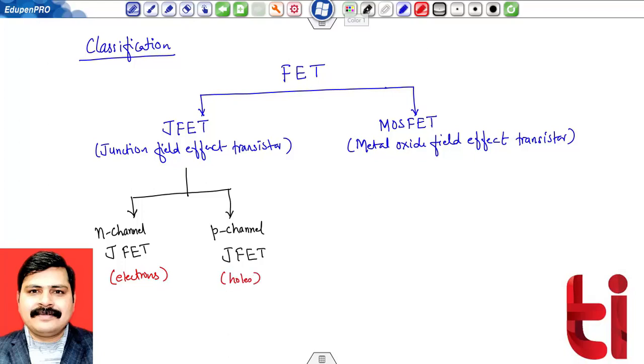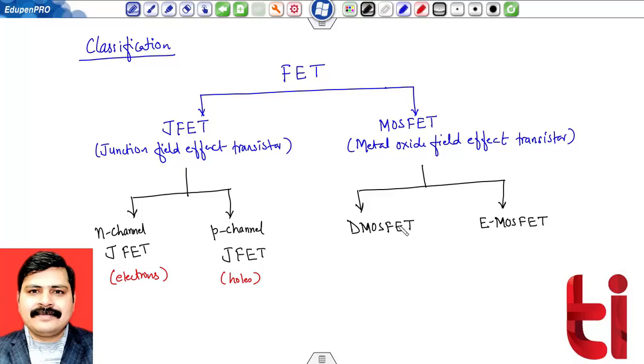Likewise, the MOSFET is further divided into two categories: the D MOSFET, where D stands for depletion, and the E MOSFET, where E stands for enhancement.